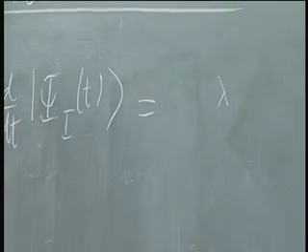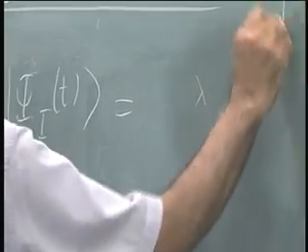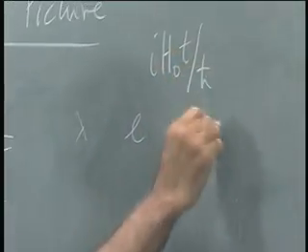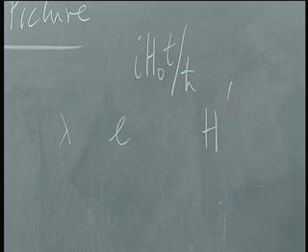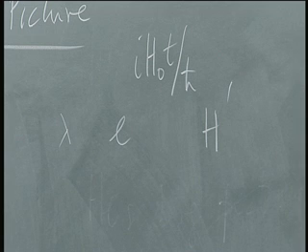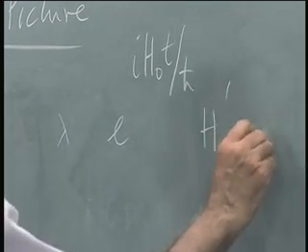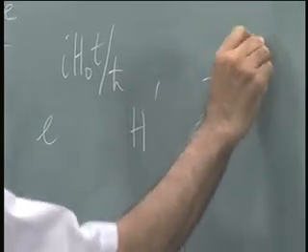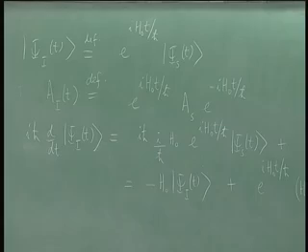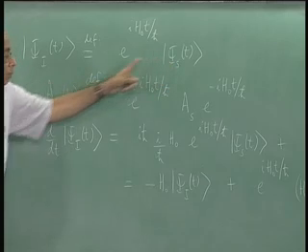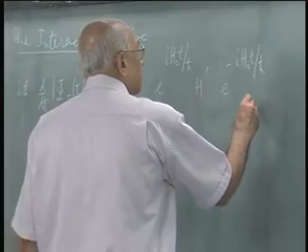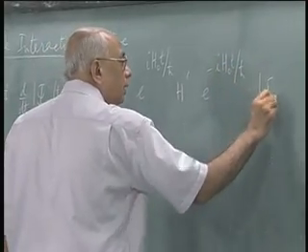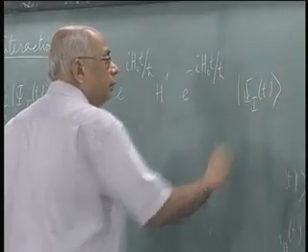λ comes out, and then it is e^(iH₀t/ħ) H′ acting on ψ_S(t), but ψ_S(t) is e^(-iH₀t/ħ). I am going to substitute for ψ_S(t) by bringing this exponent to this side here, and it is minus here and then ψ_I(t).